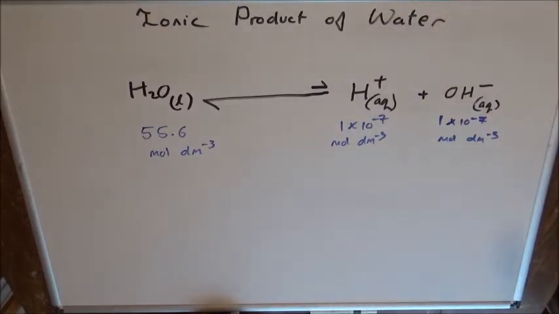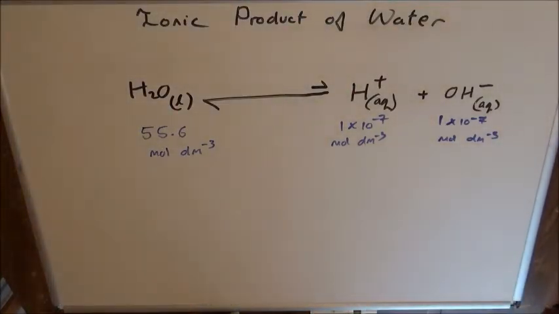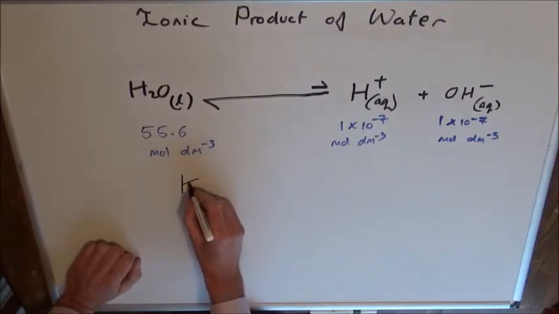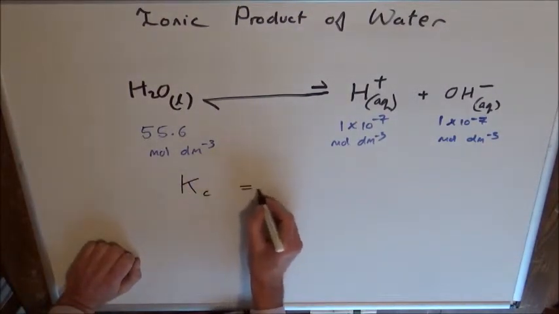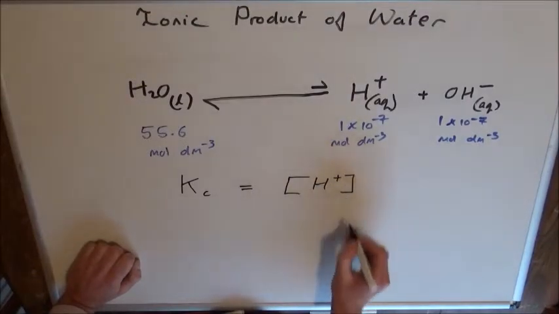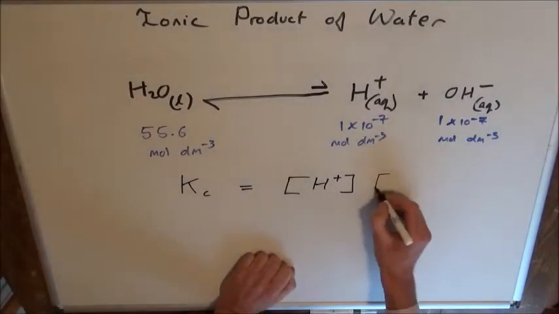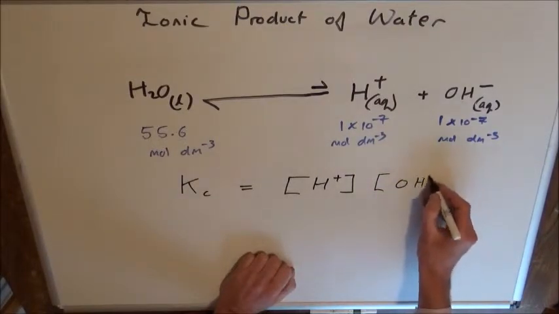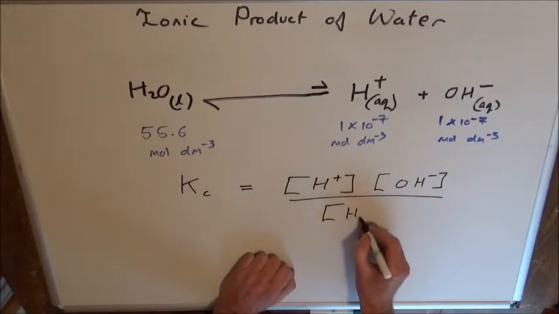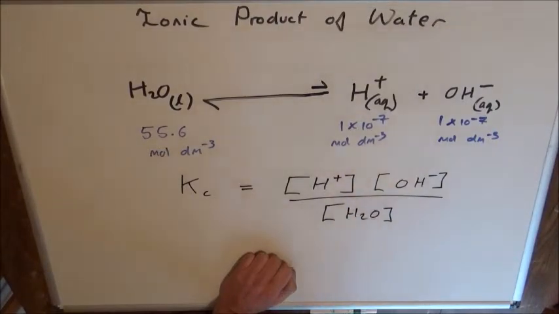So obviously we're dealing with an equilibrium situation here, so I can write an equilibrium expression for this. For any reversible reaction you can define an equilibrium constant, and in this case it's the concentration of H plus multiplied by the concentration of hydroxide ions over the concentration of the intact H2O molecules.